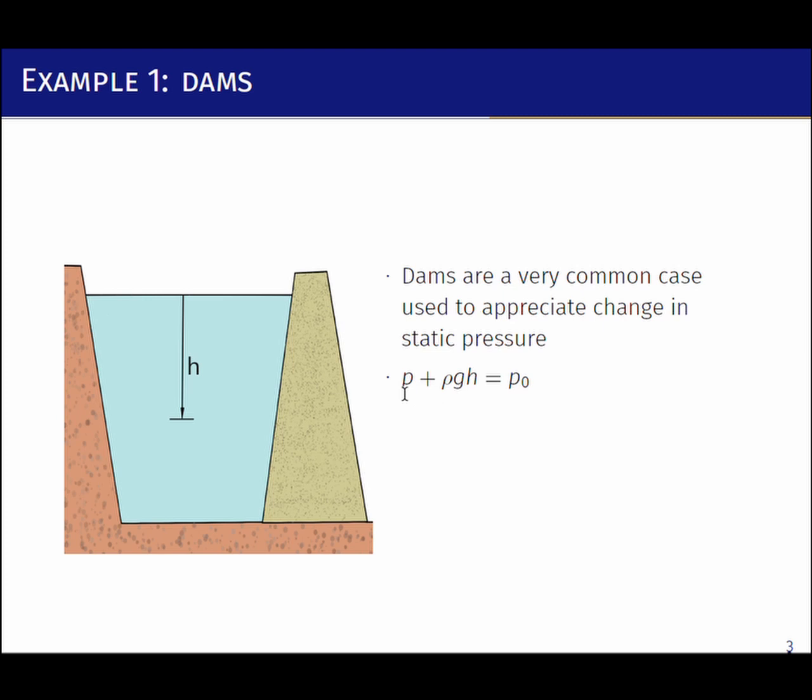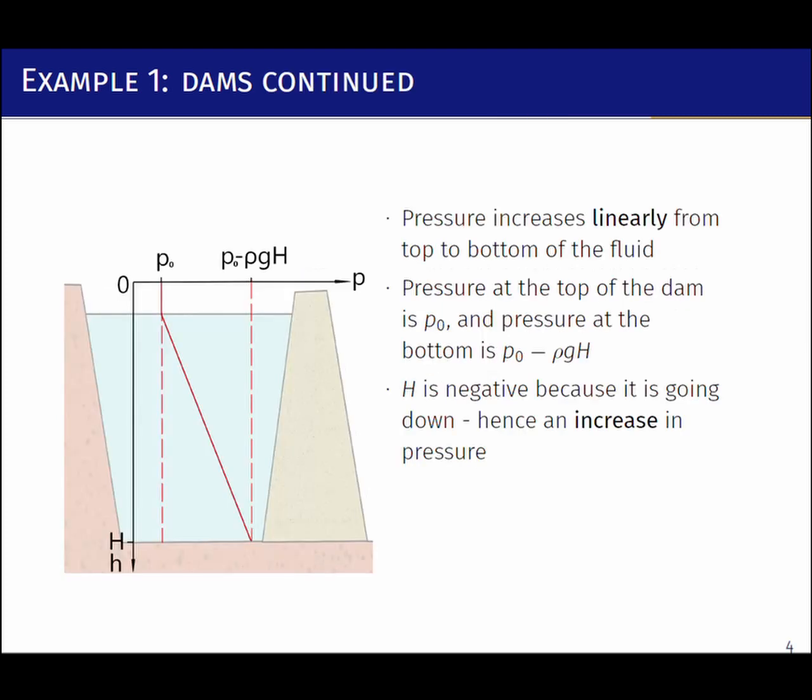When you solve this equation, P is going to increase as the magnitude of h increases, or as h decreases, as h becomes more negative. The equation shows that pressure increases linearly from the top to the bottom of the fluid. The pressure at the top of the dam, in this case, is P naught, and the pressure at the bottom is P naught minus rho gh, which is a higher pressure again because h is negative.